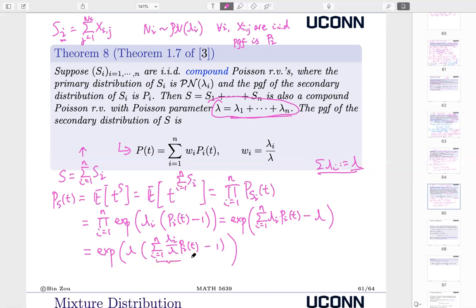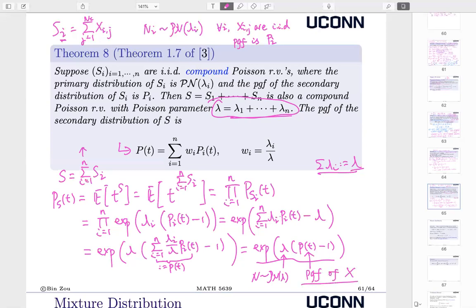Now let's define this as P(t). By that definition, it's not difficult to say that this is the probability generating function of a compound Poisson, with lambda to be the intensity, and this is the PGF of my secondary distribution. So I just proved this result by definition. It's nothing fancy.